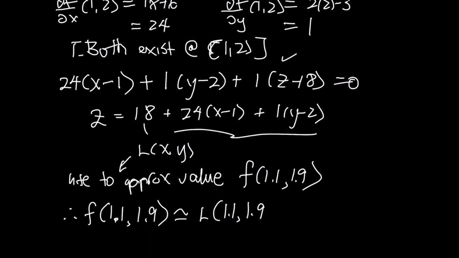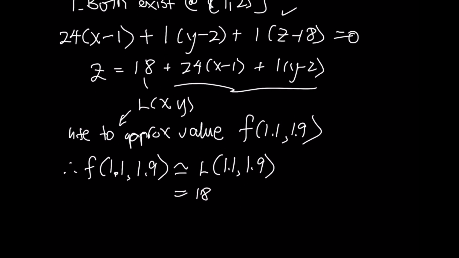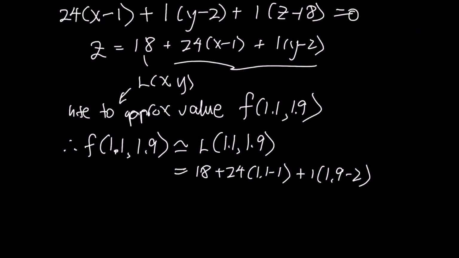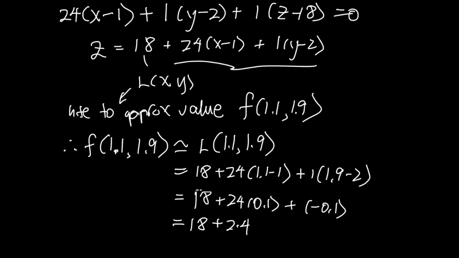So this would then be 18 plus 24 into 1.1 minus 1, plus 1 into 1.9 minus 2. So I'll get 18 plus 24 into 0.1 plus negative 0.1. So at the end of the day, I'll get 18 plus 2.4 minus 0.1, which is going to give me 20.3.